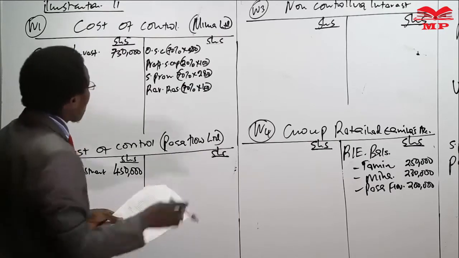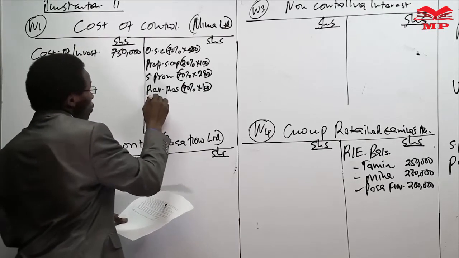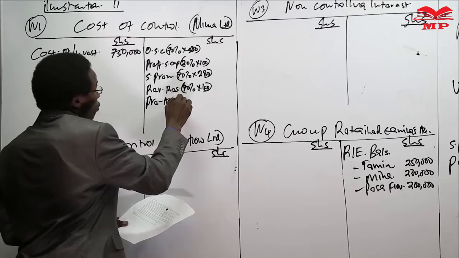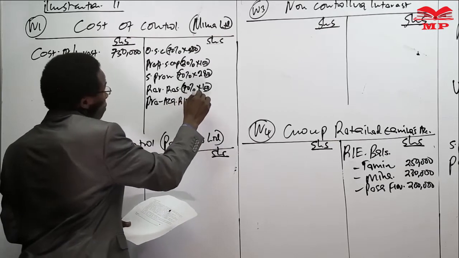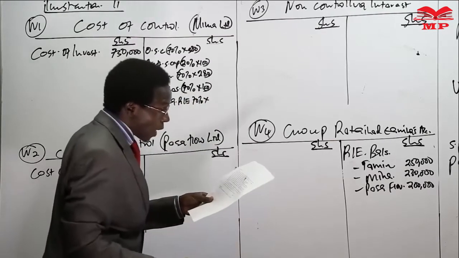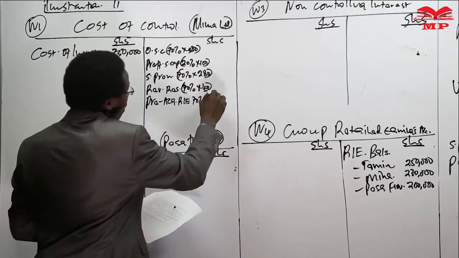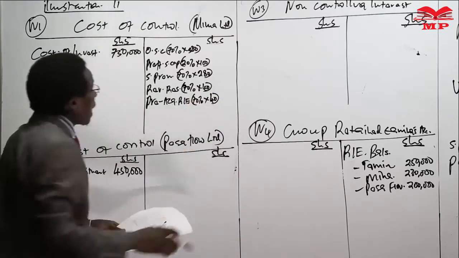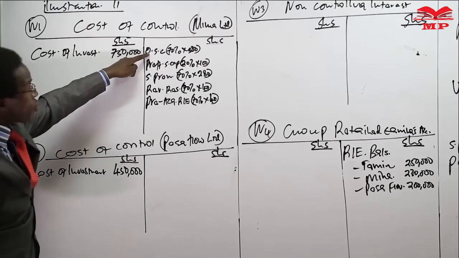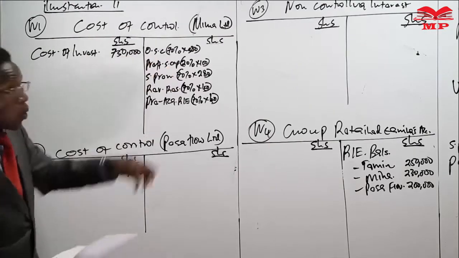Then we also have pre-acquisition retained earnings, which is 70% of what we were given in note number 1, and that was 40,000 as well. Now don't forget, other than ownership capital and preferential capital, we also acquired debentures.